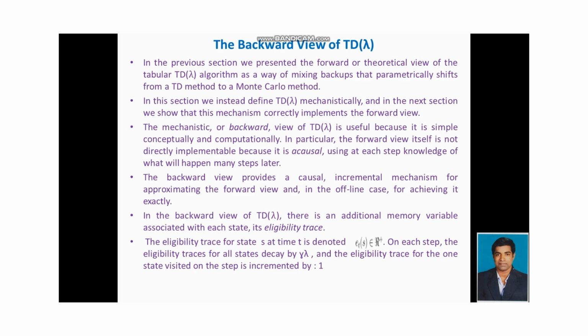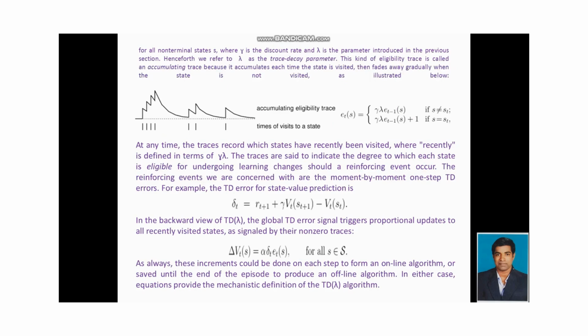On each step, the eligibility trace for all states decays by gamma lambda, and the eligibility trace for the one state visited on the step is incremented by 1, for all non-terminal states S, where gamma is the discount rate and lambda is the parameter introduced in the previous section. Henceforth we refer to lambda as the trace decay parameter.